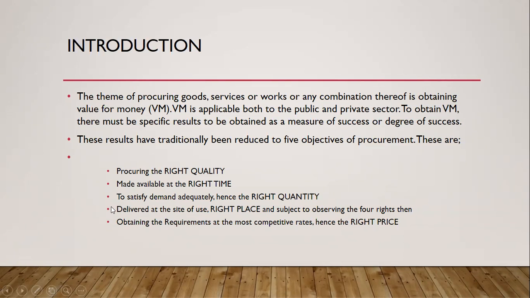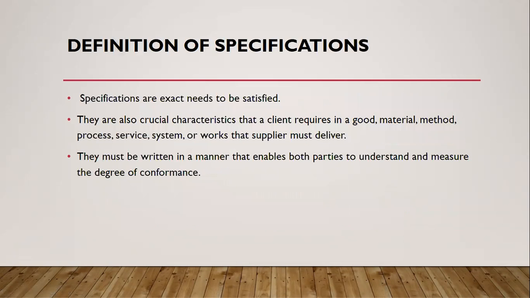The other thing is that you must ensure the right price. Remember, price is very critical when it comes to the issues of specification. This is because at the end of the day, you want to reduce the cost of your organization.